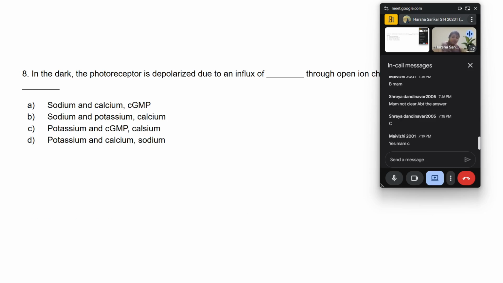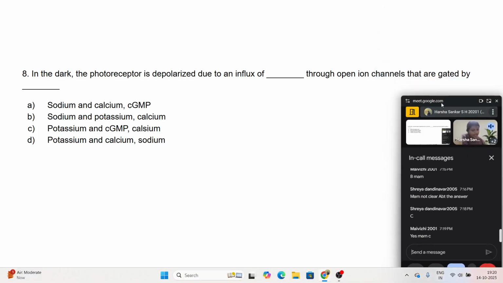In the dark, the photoreceptor is depolarized due to an influx of dash through open ion channels that are gated by dash. So it's about dark vision, the eye, special senses of the neural system.